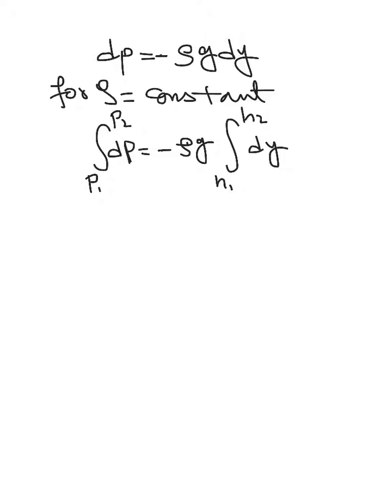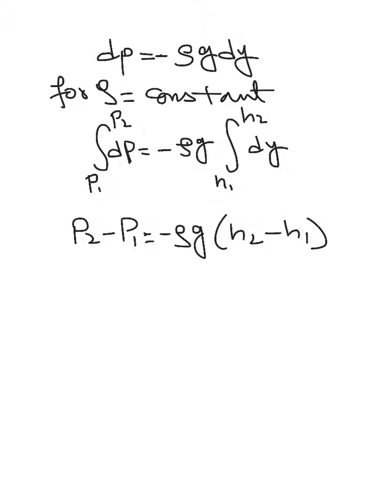Once I perform this integration and substitute these limits, I will get an equation like this, which provides me the difference of pressure between two points, point 1 and point 2.